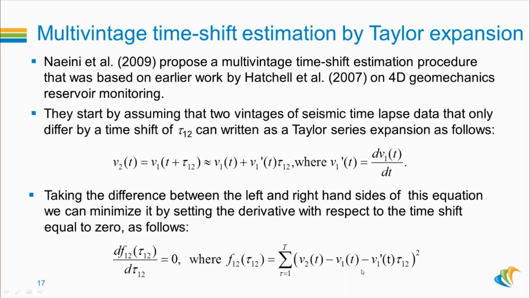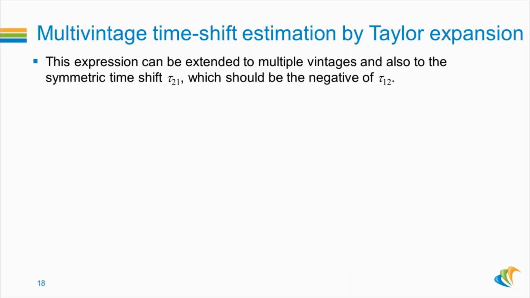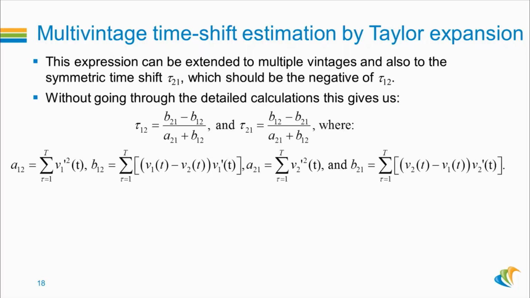Now, I won't go into the full mathematical derivation here, but two things I should mention are, one, that the expression can be extended to multiple vintages, and also to the symmetric time shift, T1, which should be the negative of T12. So that will stabilize the solution a bit. So without going through the detailed calculation, this gives us the following relationships, that T12 is equal to B21.